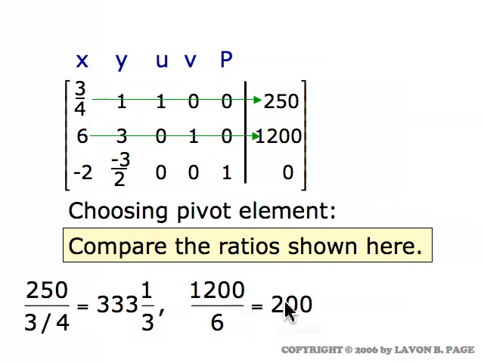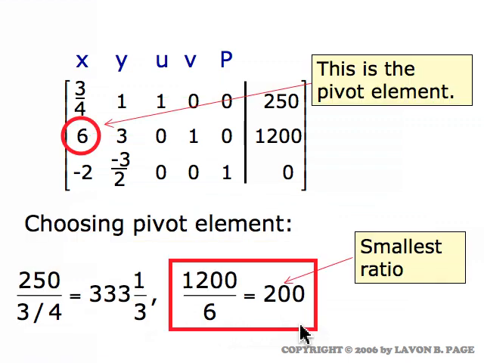So we're looking at these two ratios, 333 1/3 and 200. And the winner of the contest for who gets to be the pivot element is determined by which of those is the smallest ratio. In this case, 200 is smaller than 333 1/3. And the fact that 6 into 1200 gives us that smaller ratio means that the number 6 wins the contest to be the pivot element.